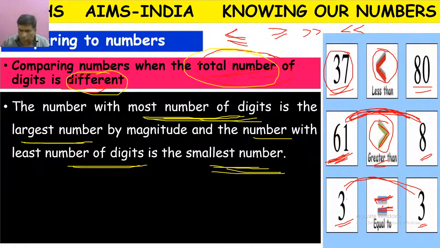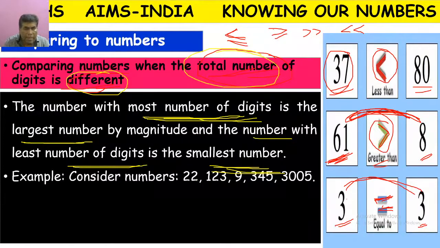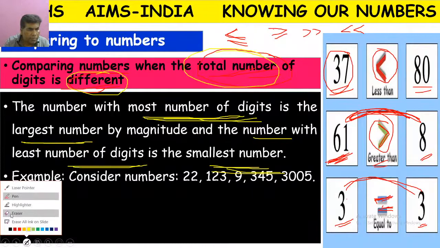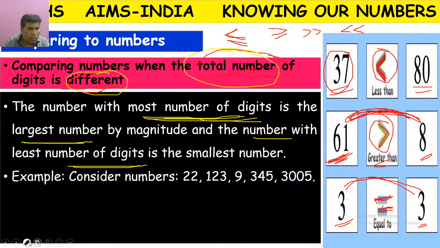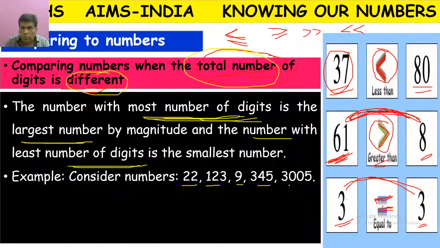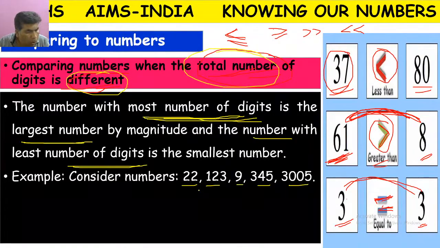Suppose we have numbers like 22, 123, 9, 345, 3005. We have 5 numbers and we want to compare them. Come on, tell me, what is the largest number among these 5 numbers?